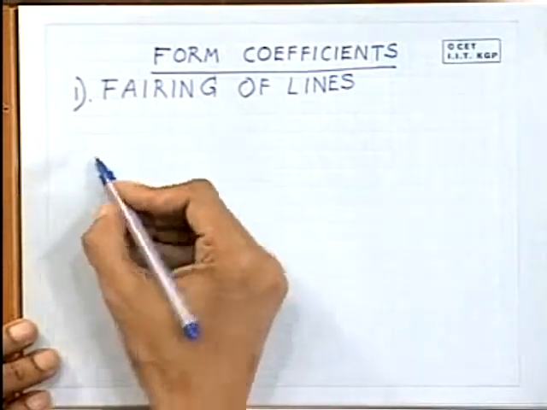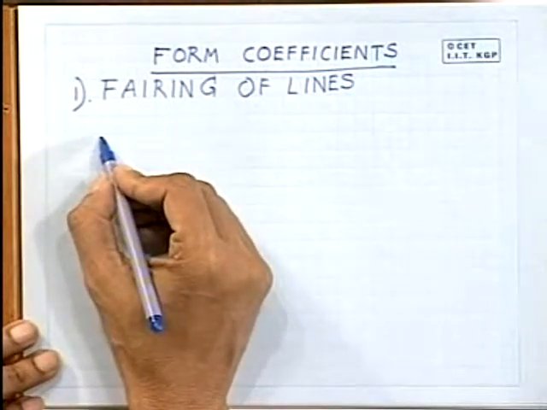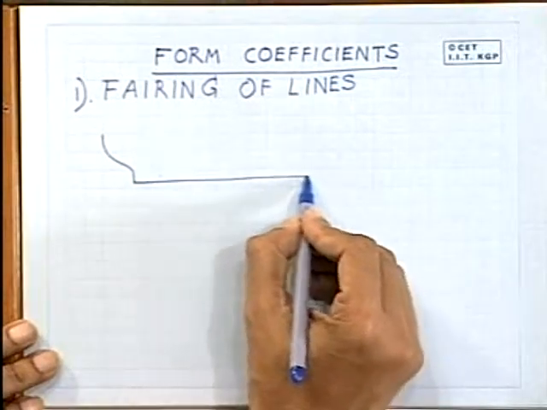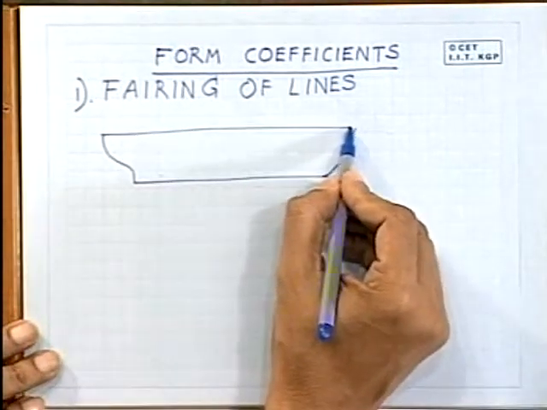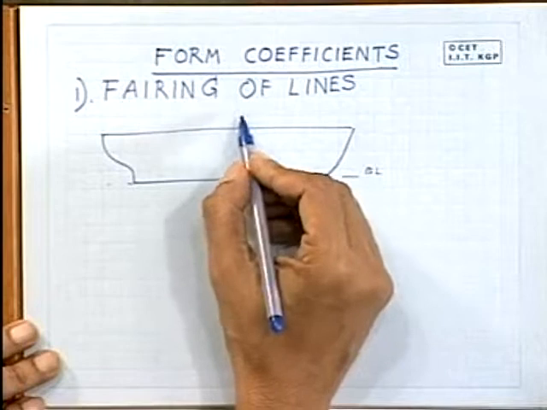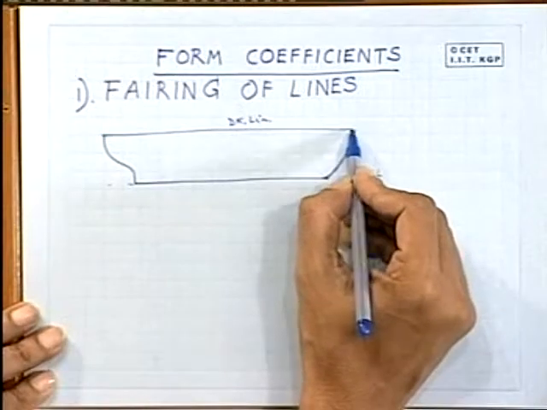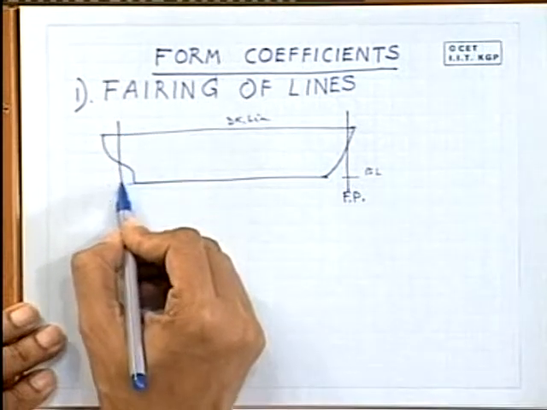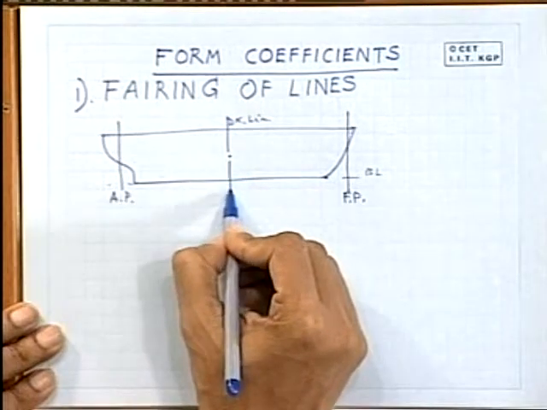So, the lines plan that I have already explained consists of three projections. The first one is called the profile or the sheer plan. Now, the profile consists of the baseline, then the other lines, the deck lines, and your forward perpendicular, that is FP, and AP that have already been drawn, and the midship line has also been drawn.